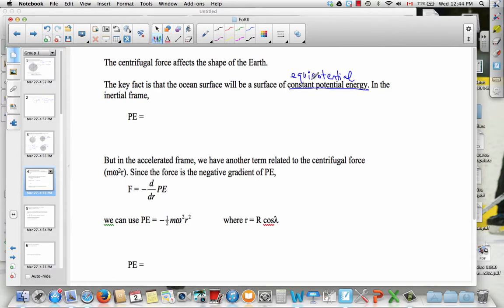So given that once you have an equilibrium distribution of mass, it must be that the potential energy is everywhere constant over the surface, otherwise it would be changing.